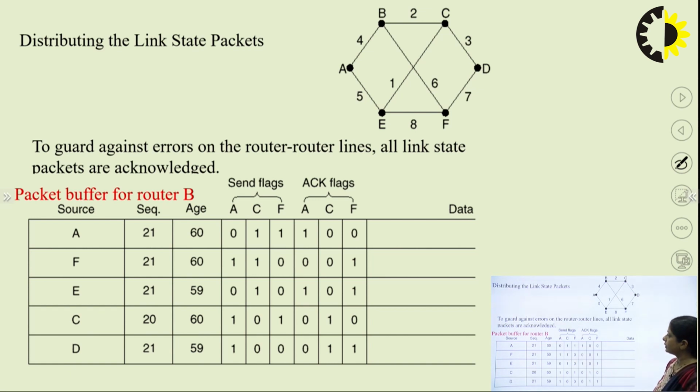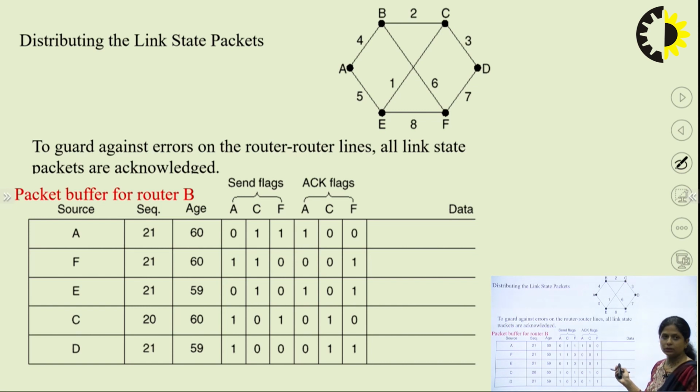To guard against errors on the router lines, all link state packets are acknowledged, and that is also included in the table. Fine. Here is the packet buffer for router B. We have taken the sources F, A, F, E, C, D, with the sequence number and the age of the packet, plus the send flags and the acknowledgement flags with respect to A, C and F, right.